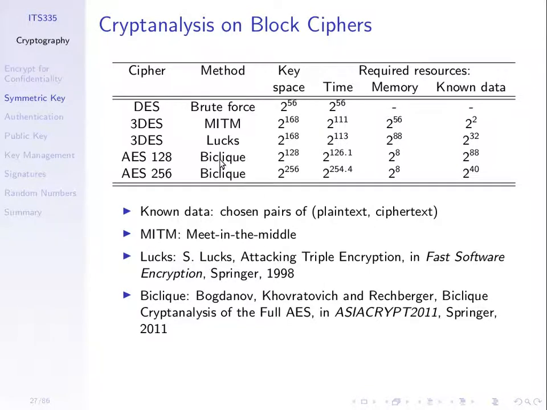The problem with these known attacks is that they don't reduce the brute force attack time by much, and they require some extra information to work. There is a known attack on AES 128. The normal brute force attack requires 2 to the power of 128 operations.